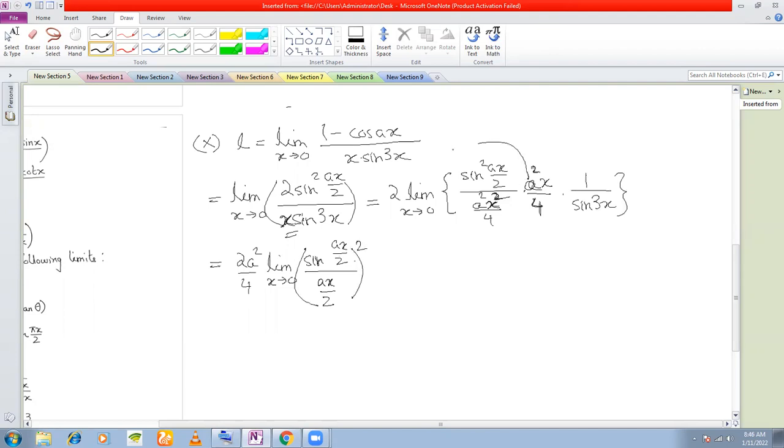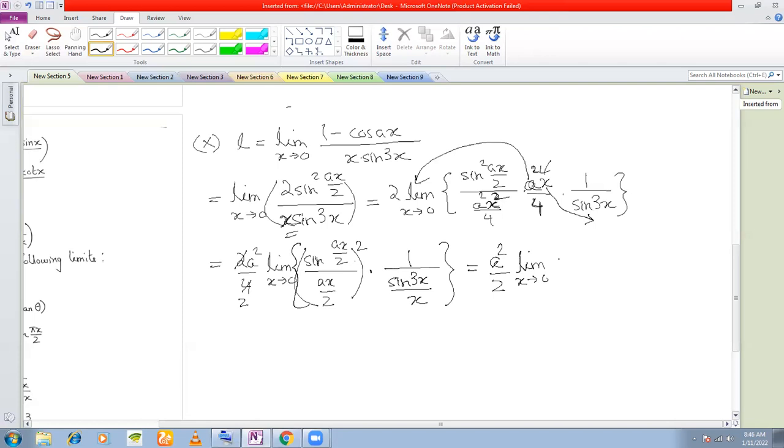This a square by 4 I have already taken out. This x remains here, right? So what I'm going to do here is a little bit of manipulation. Let me put a curly bracket here. This x I'm going to take here in the denominator. Okay, so I get 1 by sine 3x by x. I can write this way. Can I write? Yes, sir. Okay.